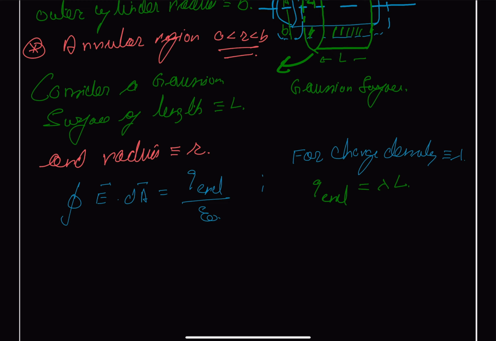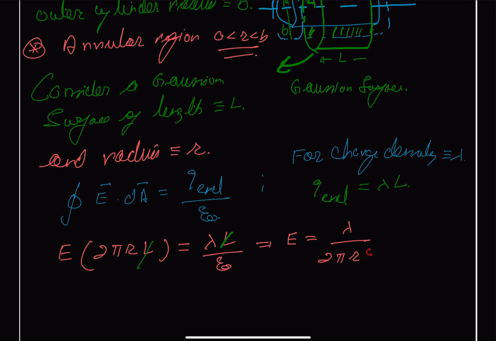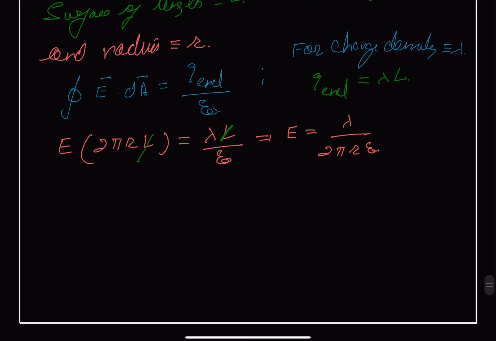And we can write that our electric field multiplied by 2 pi R L will be equal to lambda L divided by epsilon naught. So from here our electric field is equal to, the length goes away, lambda upon 2 pi R epsilon naught. Therefore, from this equation we can write that our electric field is inversely proportional to R.